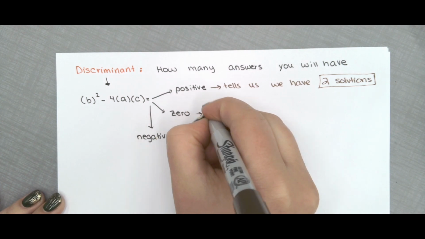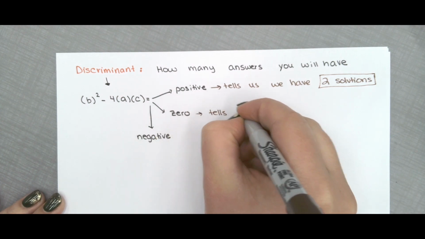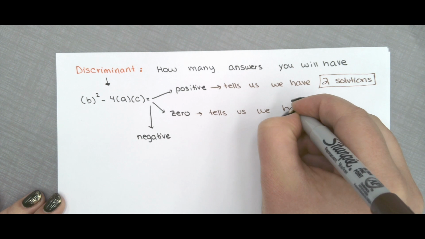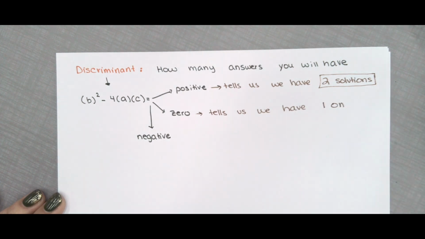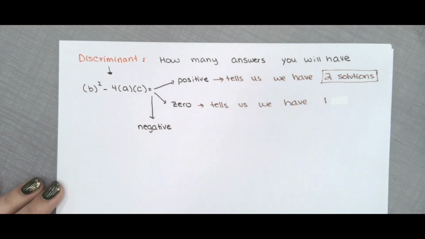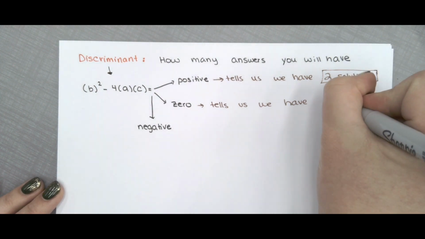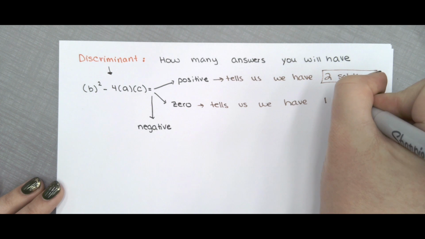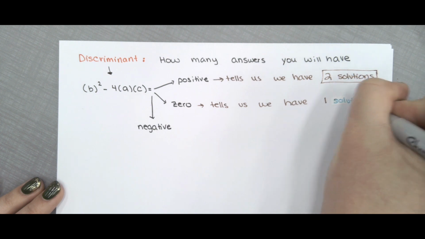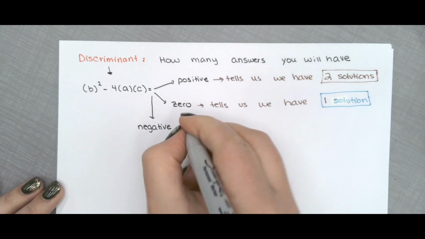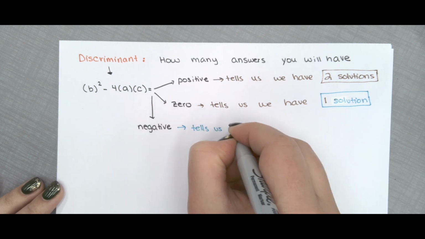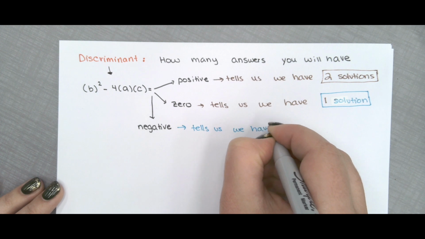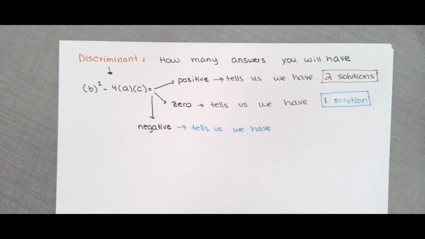0 tells us one solution. Oops, do you see how I'm doing? I wrote 1 and then I'm writing 1. And then negative, now negative is a little weird because it tells us not that we have no solution, because that's not true, but no real solution.